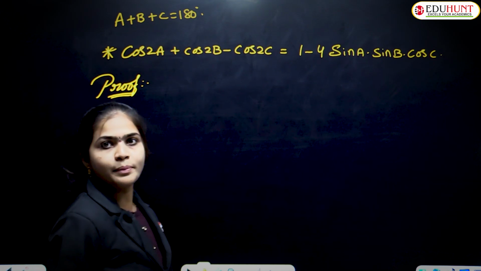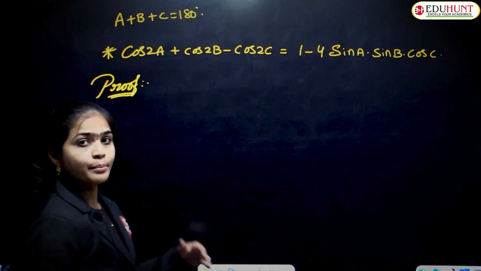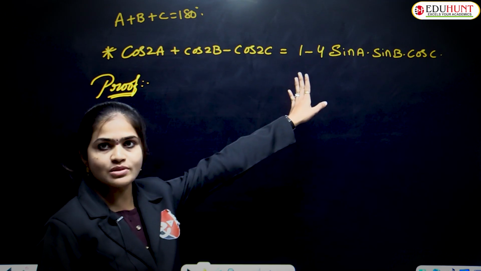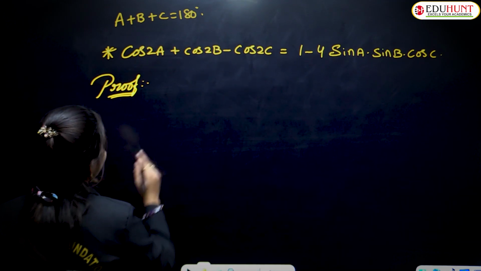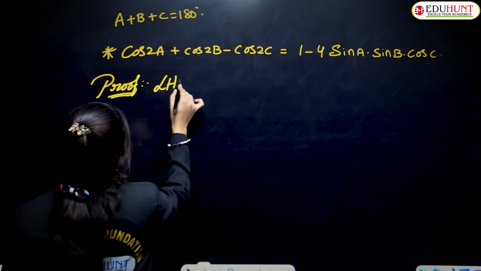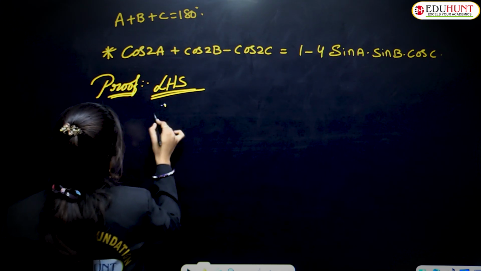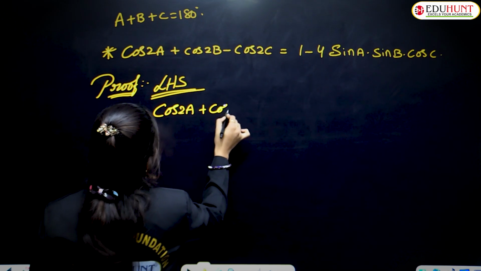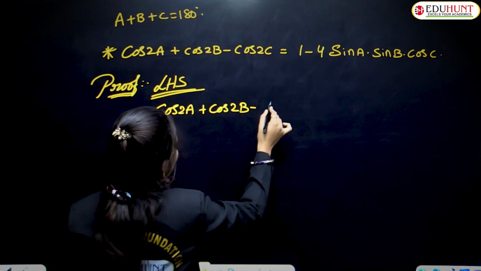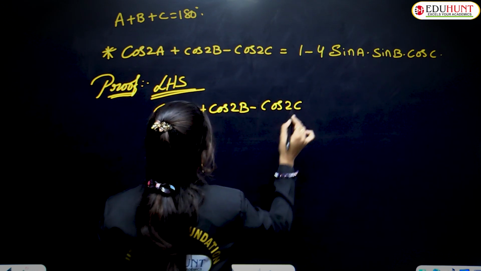Cos 2a plus cos 2b minus cos 2c. In the previous ones all had positive signs, but here cos 2c has a negative sign. Now how to simplify this? So take the LHS: cos 2a plus cos 2b minus cos 2c.